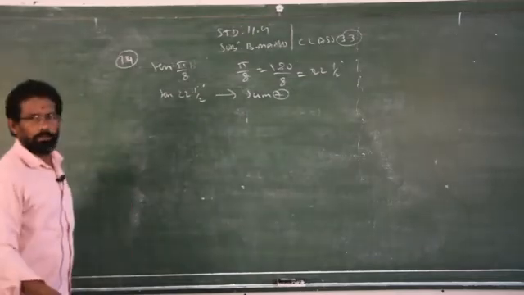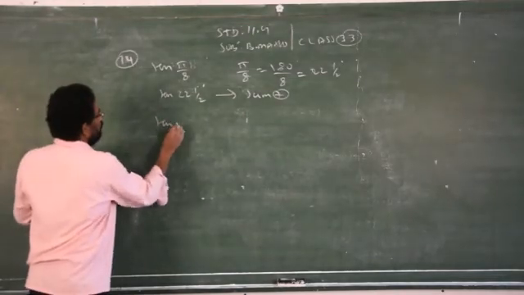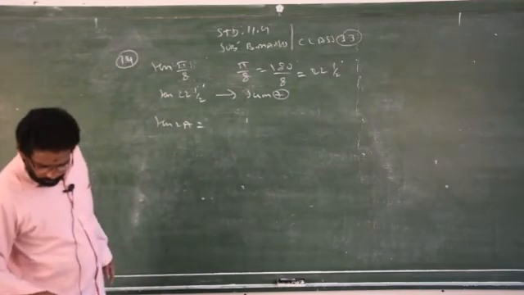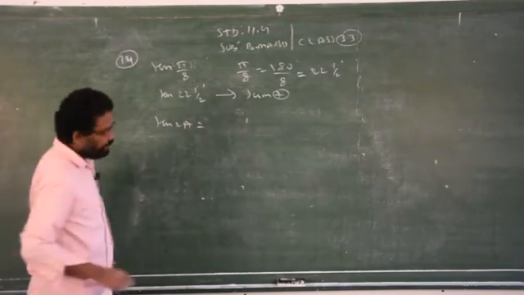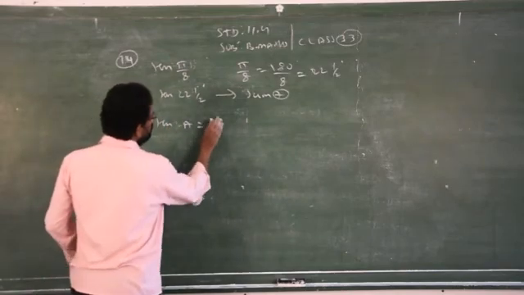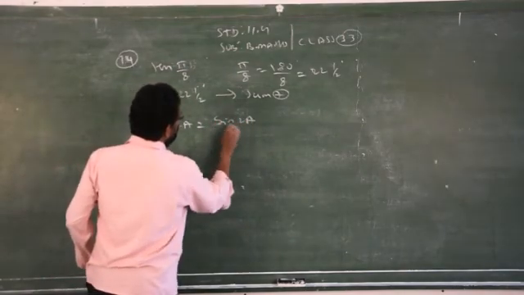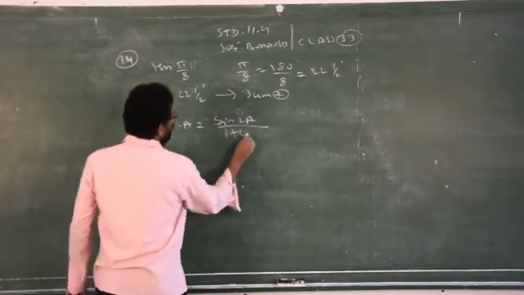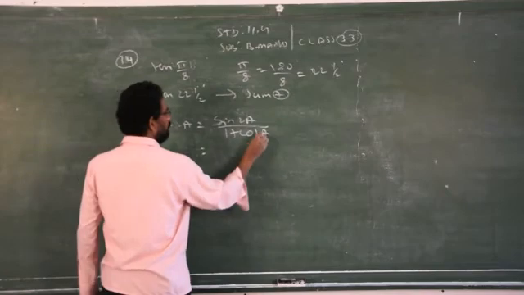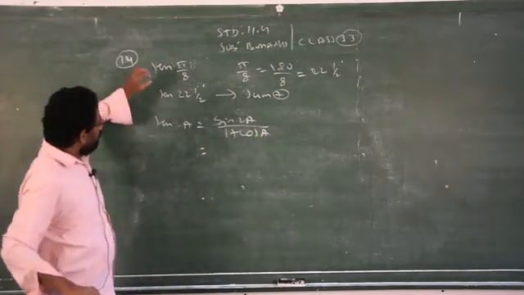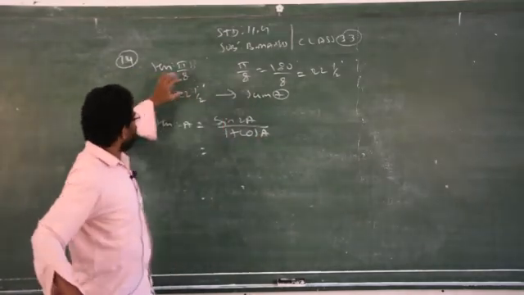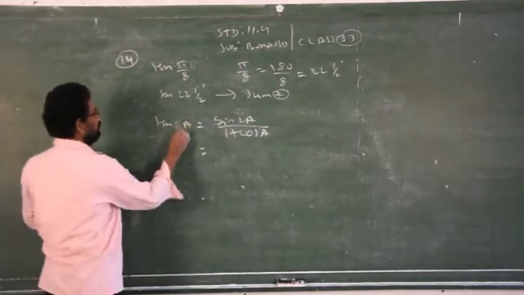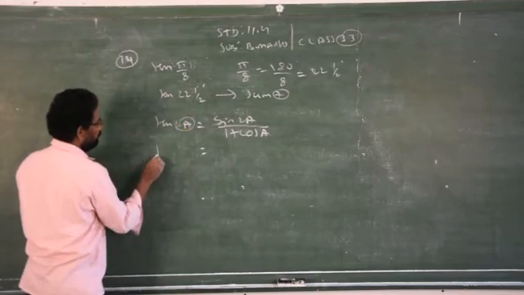Or we have one more formula: tan a is equal to sin 2a by 1 plus cos 2a. Clear? So either you can use sum number 7 to find the value of tan 22 1 by 2 degree, or you can use this formula. You just have to replace a by 22 1 by 2 degree.